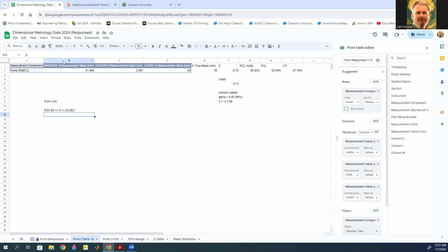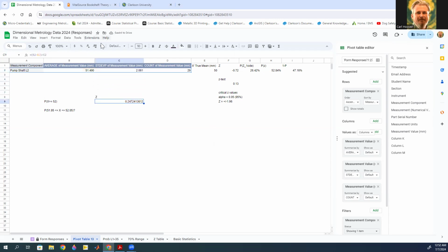Okay, and so for this, we can calculate Z values as well. And so we'll go ahead and compute the Z value for 52. Here I'll say this equals 52 minus the mean, divided by the standard deviation.